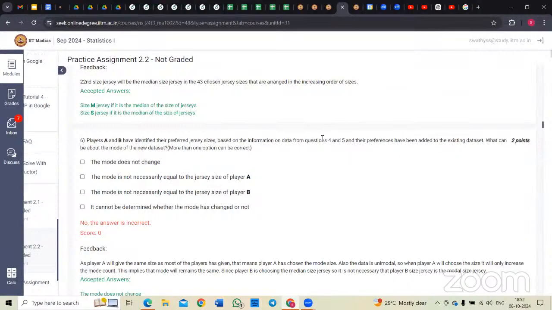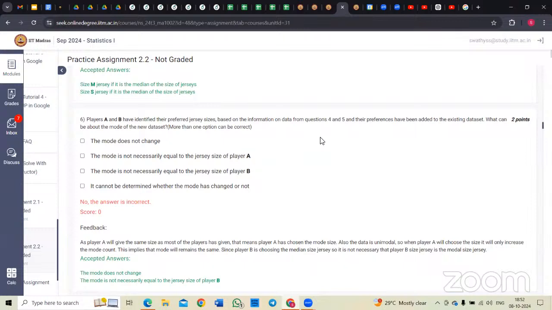Okay. So the first option is correct: the mode does not change. The second option, the mode is not necessarily equal to the jersey size of player A, is false. The next one, the mode is not necessarily equal to the jersey size of player B. Player B is choosing the median, and it is not always necessary that median and mode will be equal.